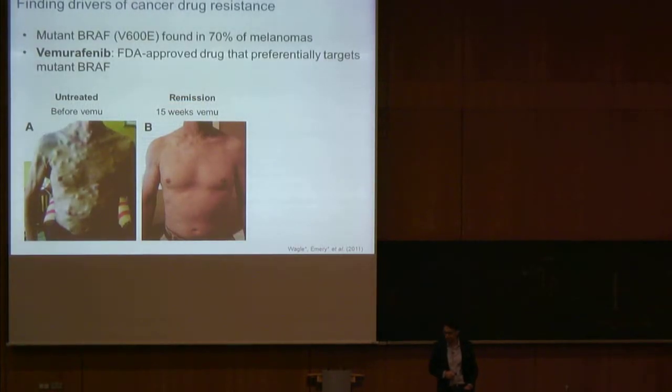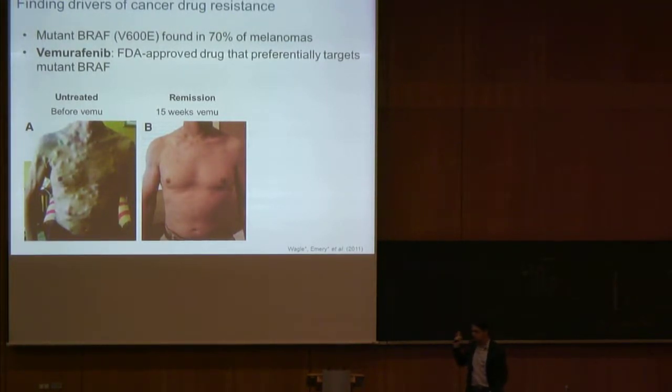And what we did now a couple of years ago to give you the context for entering into this non-coding exploration is we were interested in looking genome-wide, initially at protein-coding genes, to find drivers of resistance to a drug called vemurafenib. So just a little background on vemurafenib.